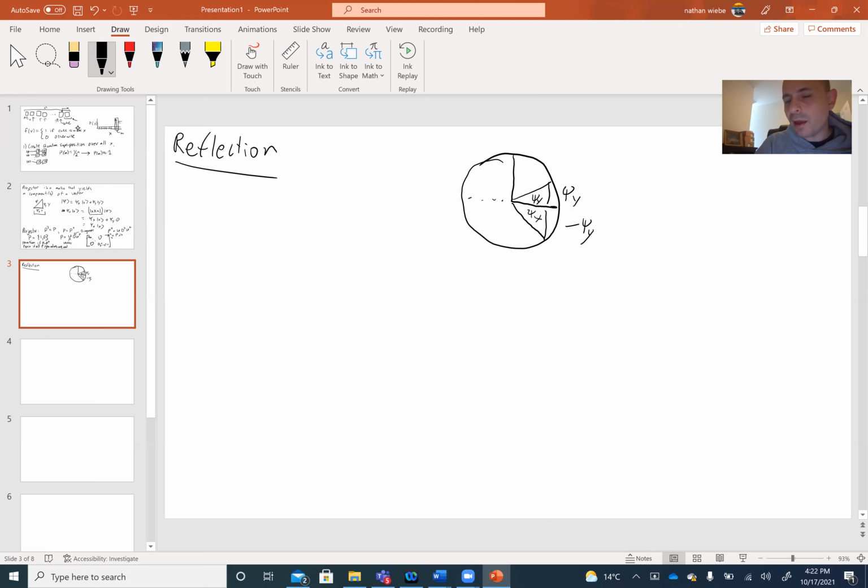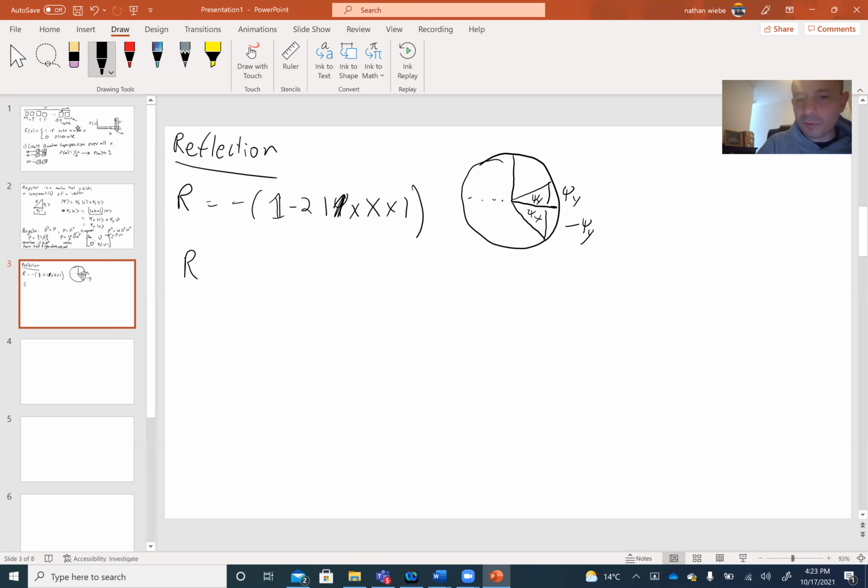So we could define a reflection about the x-axis in the following way. The reflection about the x-axis would be equal to the identity minus twice the projector onto the x-axis. So let's just see how that ends up working.